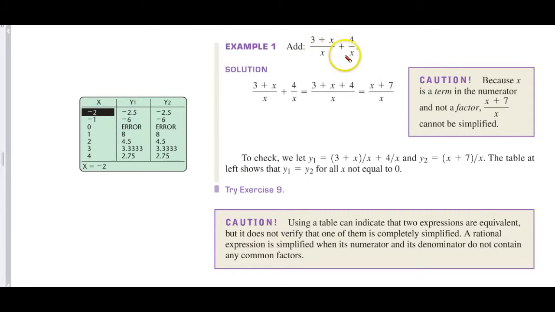Here our denominators are the same, so you can put them all over one common denominator, or just do it mentally since the denominators are the same, particularly if this sign is positive. Sometimes you have to be careful if you're subtracting, and they'll give us an example of this later. So that one's pretty straightforward.